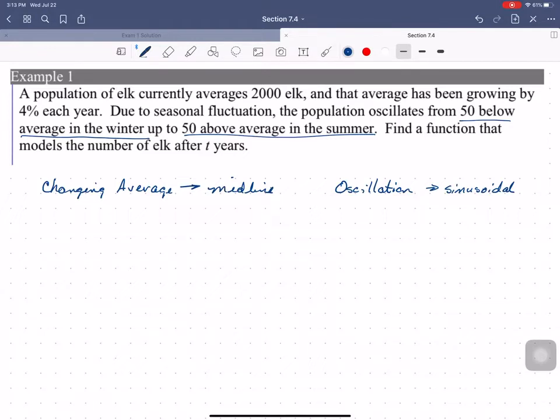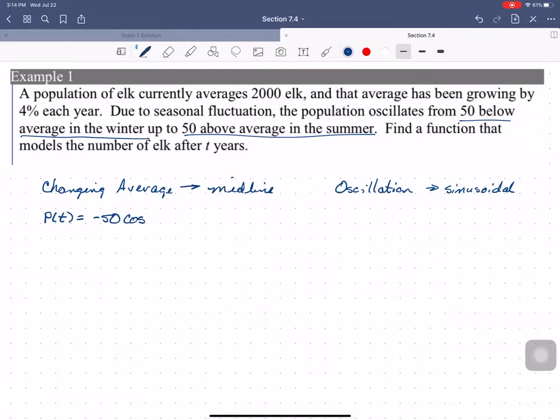So we're going to use a negative cosine because at time t equals 0, winter, we're at a minimum. So we know that my population, we'll call it P, is going to be negative 50. And we'll use a cosine because we're at a midline.